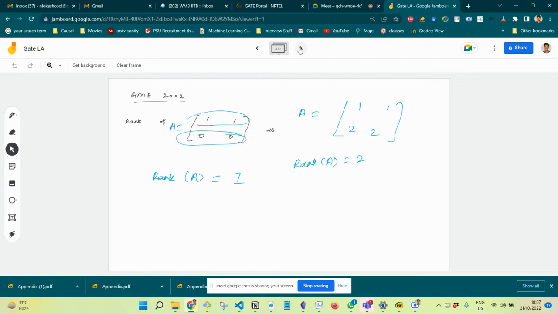If you are given this matrix, the first thing you should do is convert it into RREF. For that, R2 equals R2 minus 2 times R1. That will give you 1, 1, 0, 0. Now this is in RREF, and from this matrix you will read the rank. So the rank of this matrix and the rank of the original matrix are both 1. I hope this is clear.